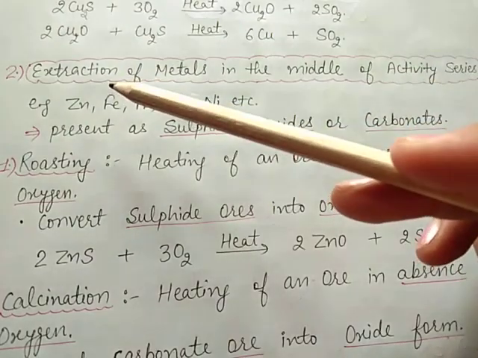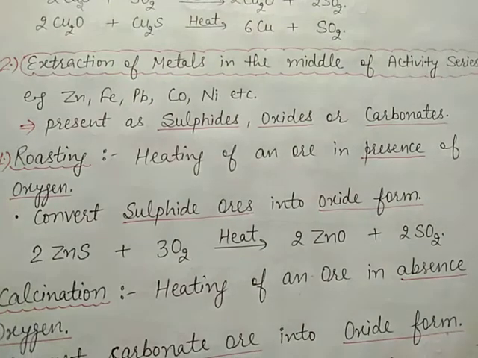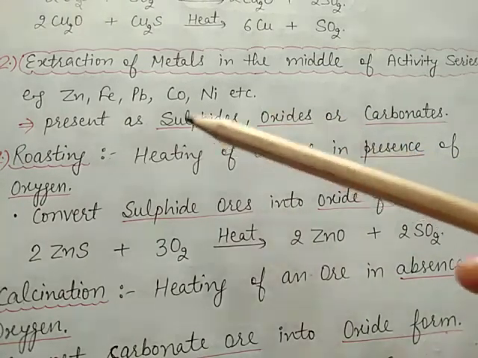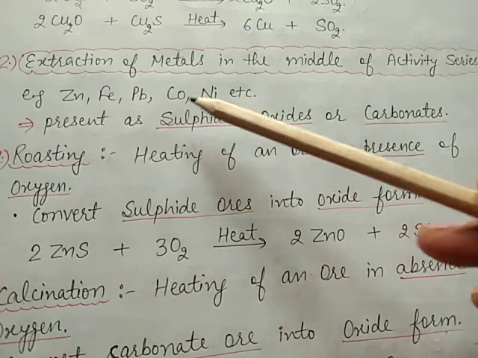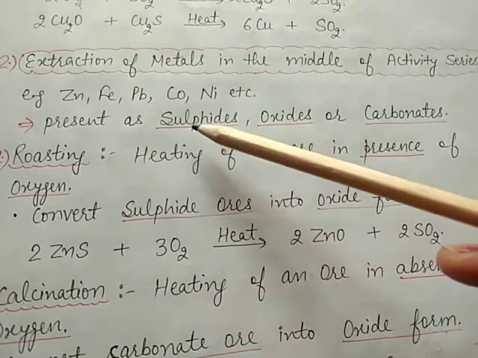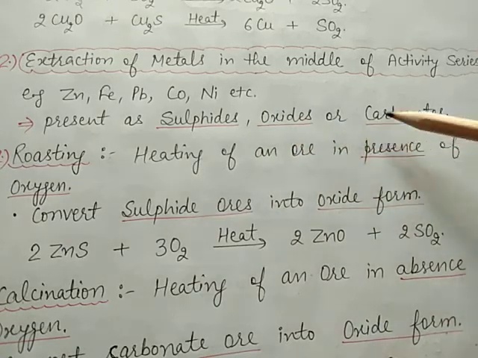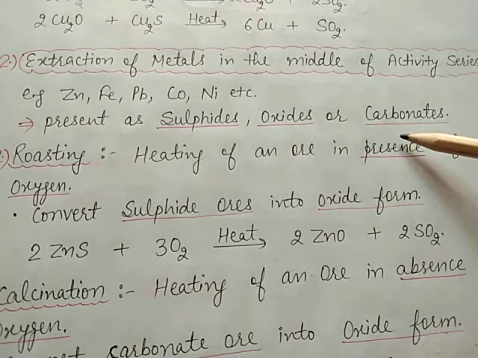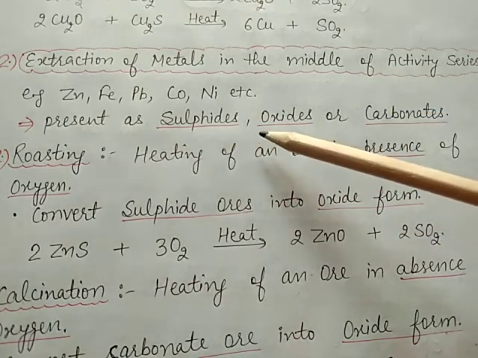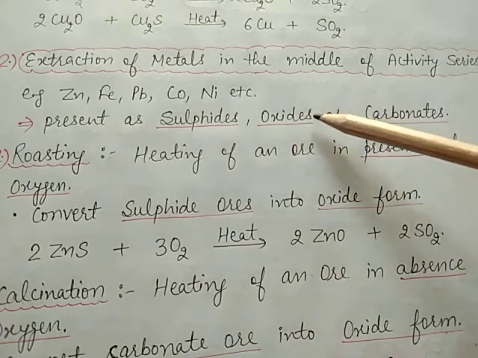Now the second type, extraction of metals in the middle of activity series. The metals present in the middle of the series are zinc, iron, lead, cobalt, nickel. These are present in the form of sulfides, oxides or carbonates. It is very easy to obtain a metal from the oxides, which are reduced into the metallic form.